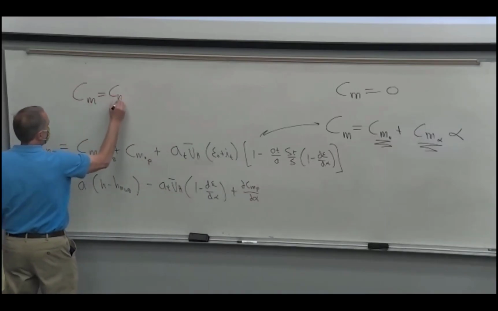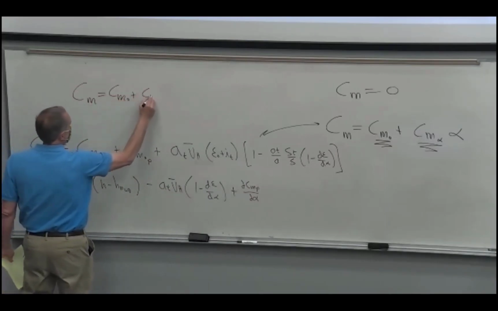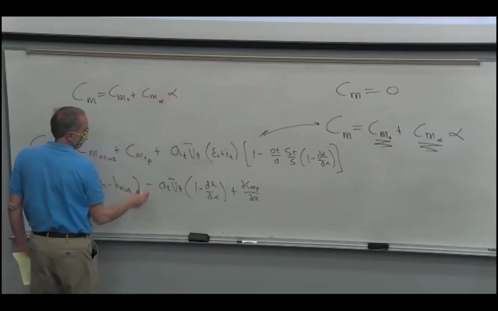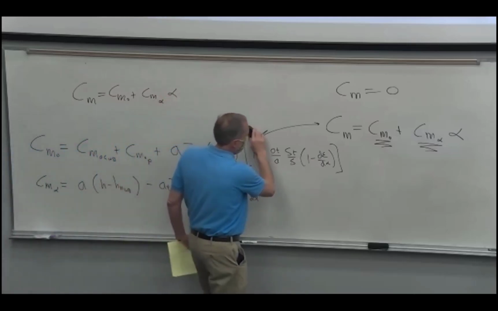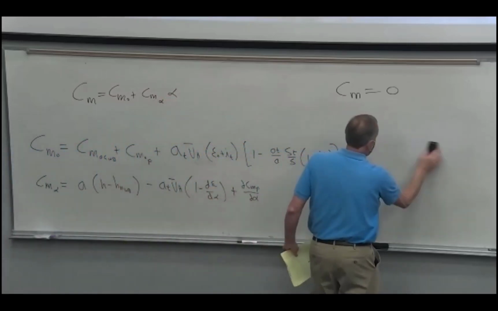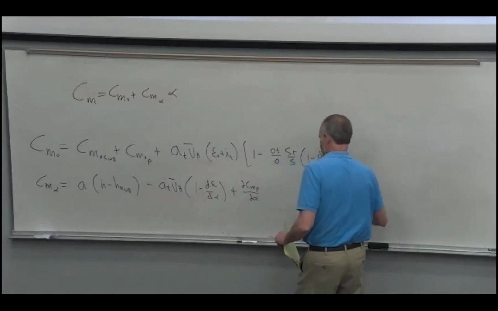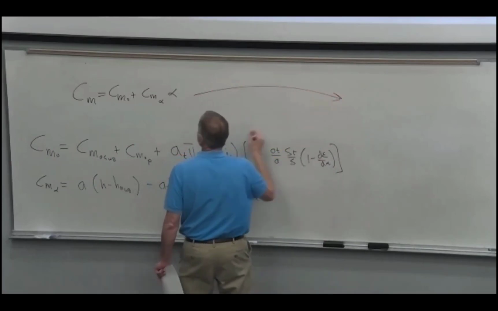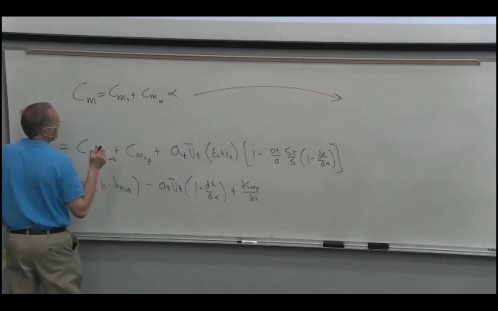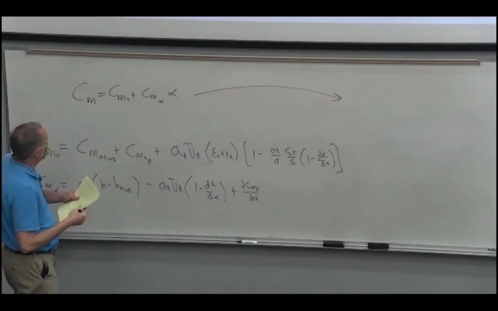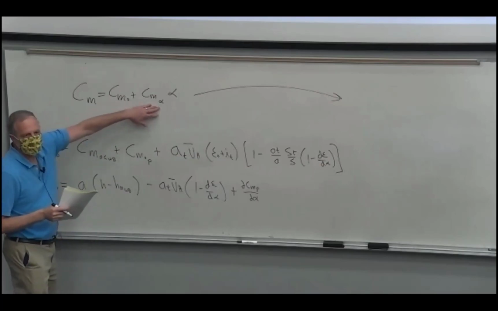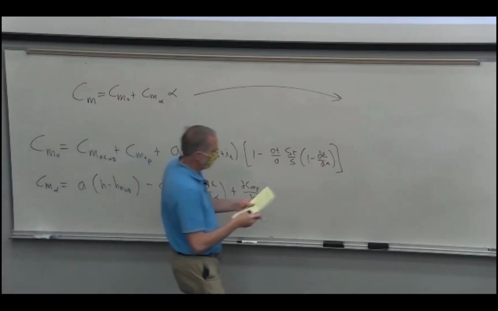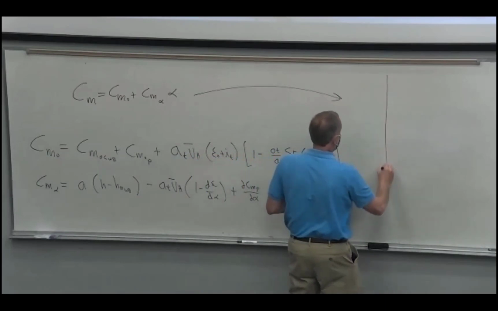CM is CM0 plus CM alpha times alpha. And so this thing, we know this. For the Cessna airplane, we calculated this and we got numbers here, right? So really, this is just the equation of a straight line.